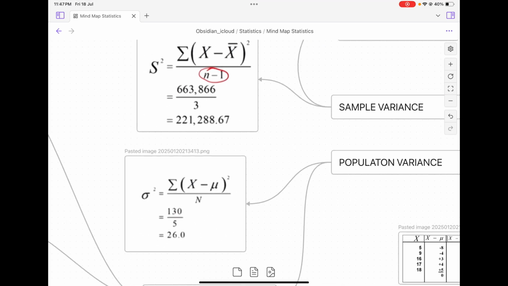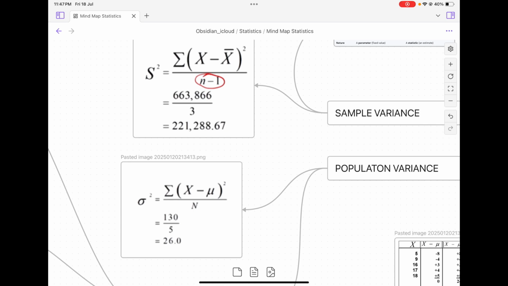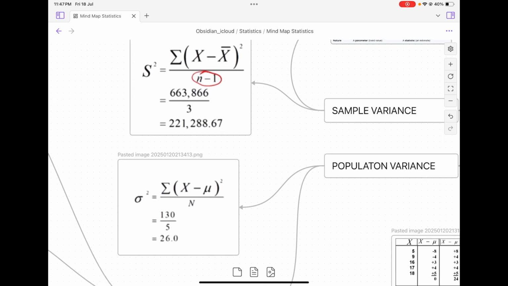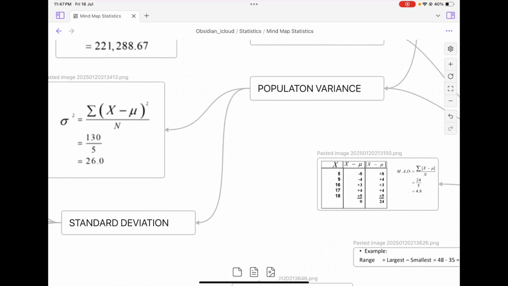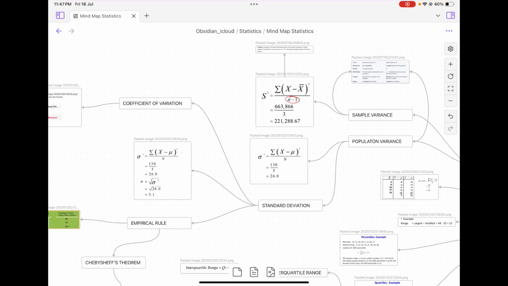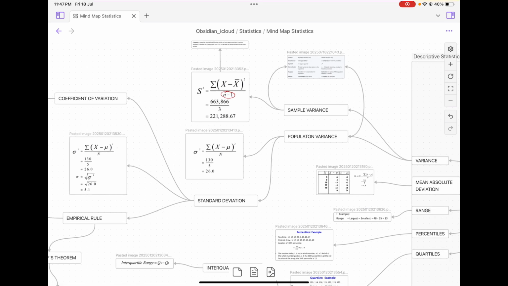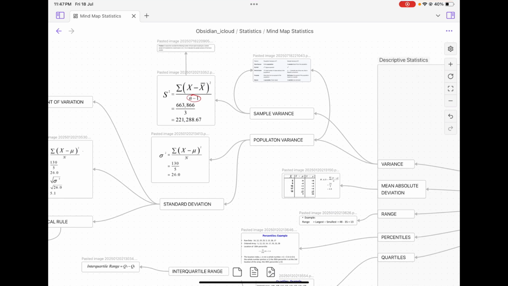This is the formula for sample variance and population variance. So we have seen what variance is.